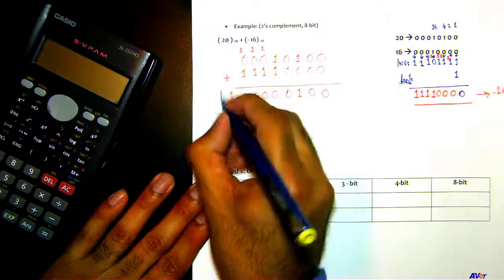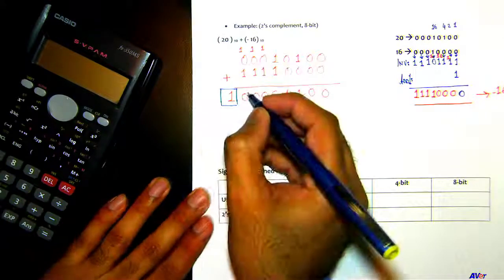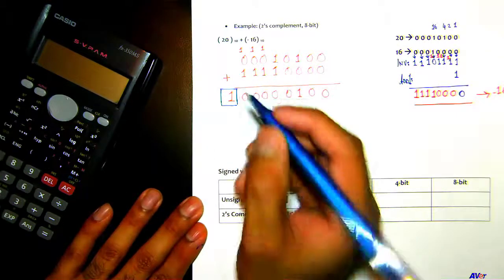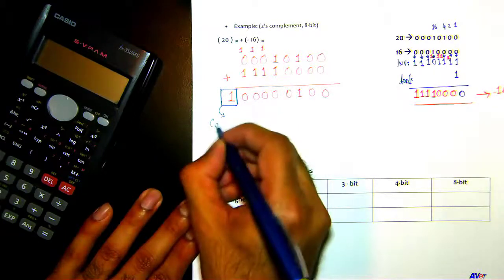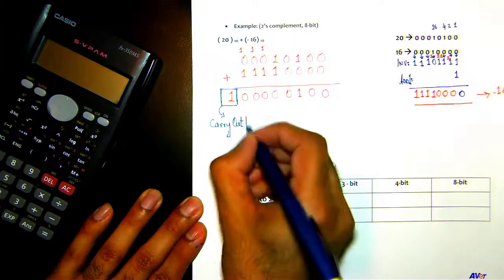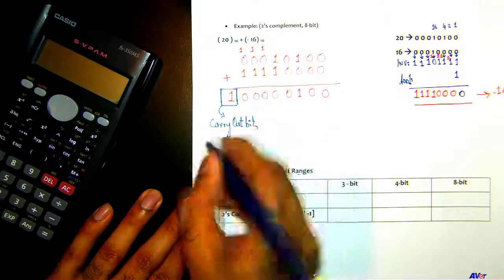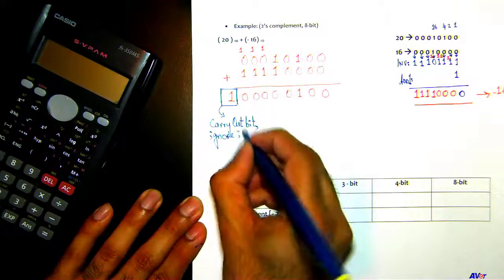So what are we going to do with this leftmost bit right here? Yeah. So this is what we refer to as a carry out bit. And we just simply ignore it, or discard it.